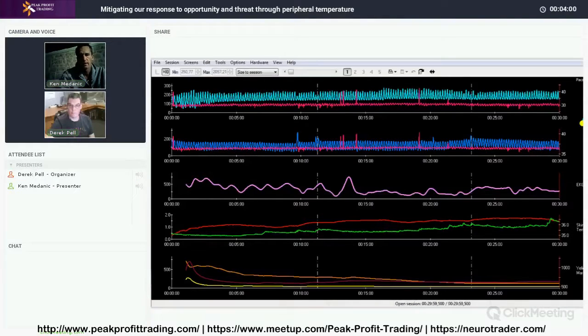As I entered into the trade, my temperature actually started to increase, which shows that I feel comfortable with this trade. My muscles are now relaxed. I'm breathing really calmly, fully vasodilated, feel nice and warm, fuzzy feeling inside, right? The profit target gets here.